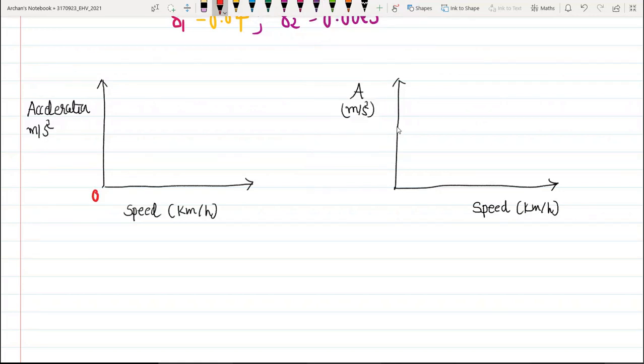Okay, this is my 0 speed, 50, 100, 150 and 200. Similarly, acceleration will be 1, 2, 3 and 4. Here also we'll consider the same scale.